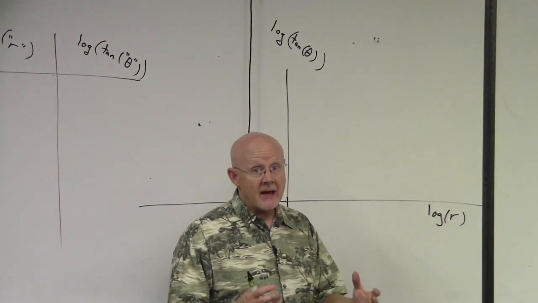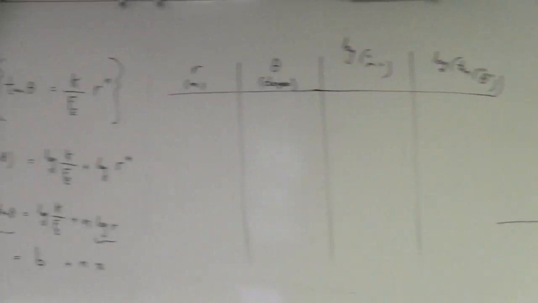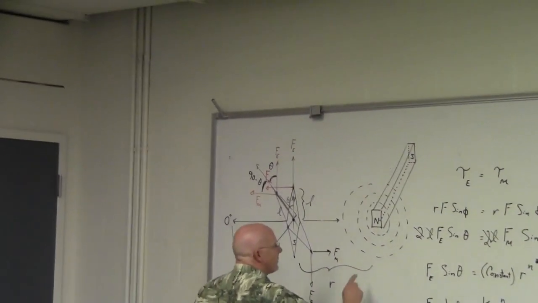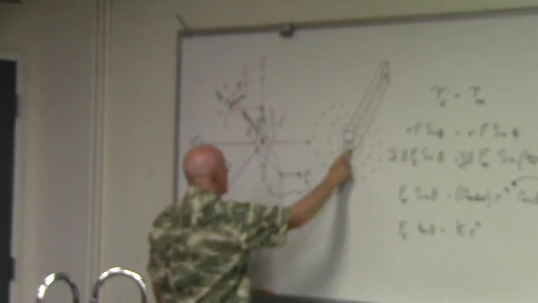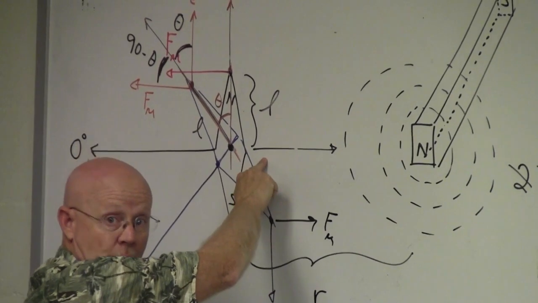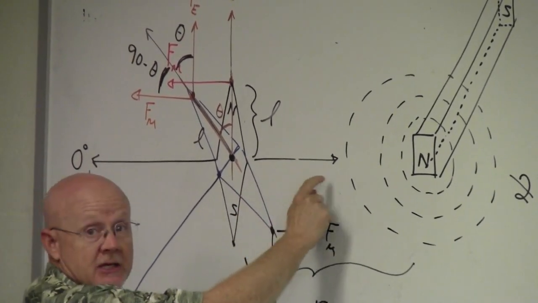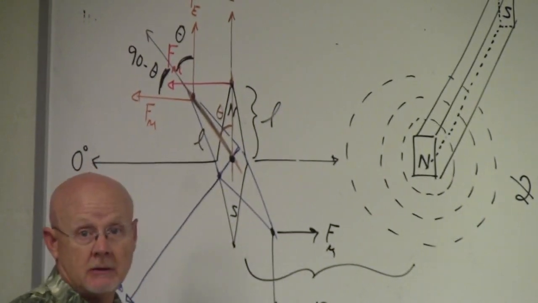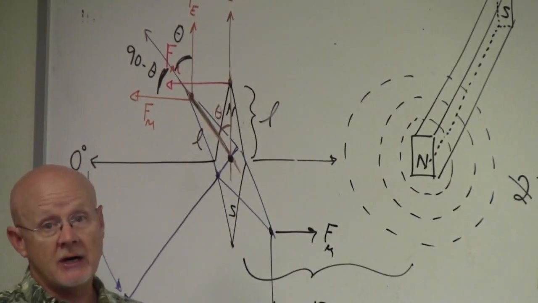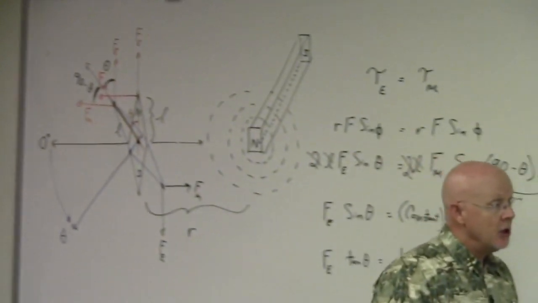Now the reason I point that out is coming back here when I actually do this experiment in a moment, I'm going to start with my magnet kind of close, 0.1 meters away. That's less than 1. And then I'm going to keep moving it till I get a half meter away. I will never get greater than 1 meter.